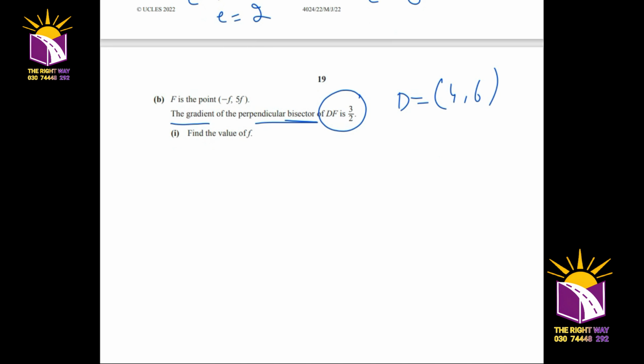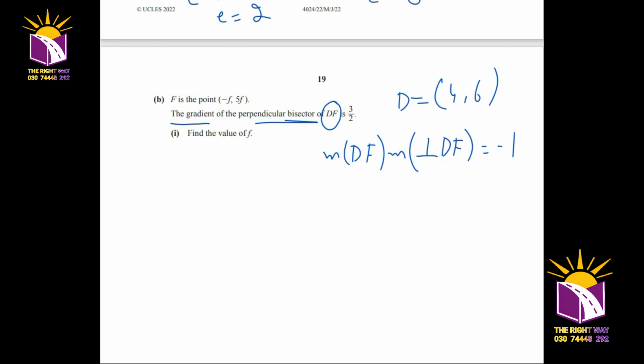The perpendicular bisector of DF has gradient 3 by 2. The slope of DF multiplied with the gradient of the perpendicular bisector of DF will be equal to minus 1.